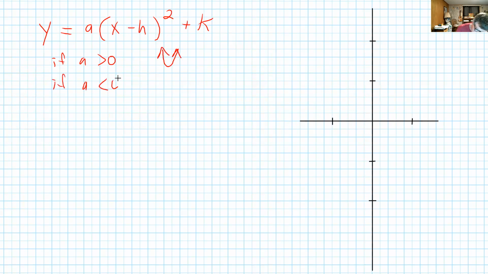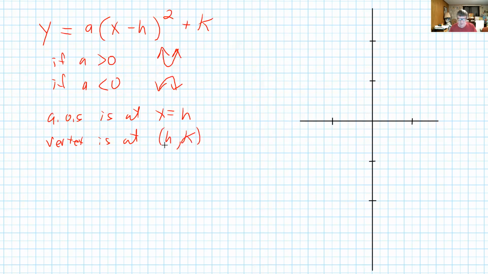If a is less than 0, the parabola opens downwards. The axis of symmetry is at x equals h, and the vertex is at (h, k). Now, remember, what happened outside was what we would have expected. What happened inside was the inverse. So let's say I've got the following equation.